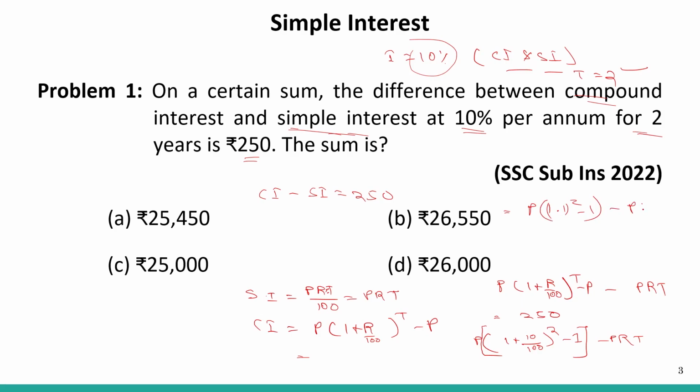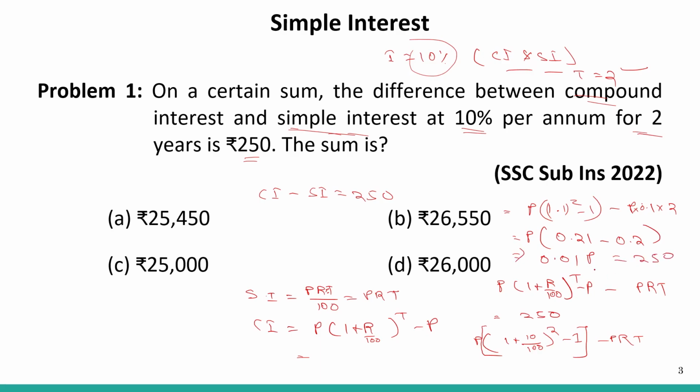Here P is unknown, R is 10 and T is equal to 2. 10 in decimal form will be 0.1, so P into 0.1 into 2. This is equal to P into 0.21 minus 0.2, which is 0.01 P, and this is given as 250.